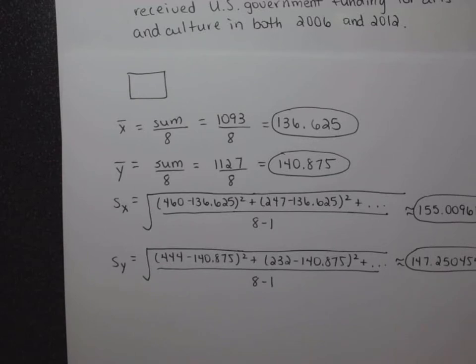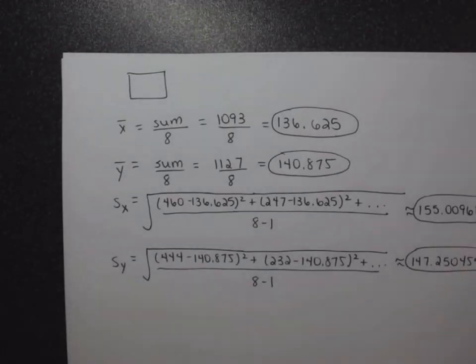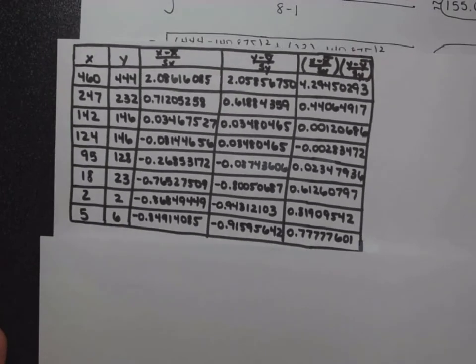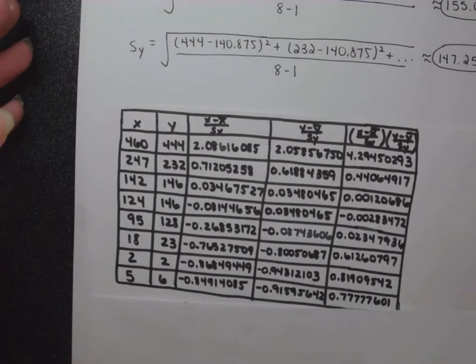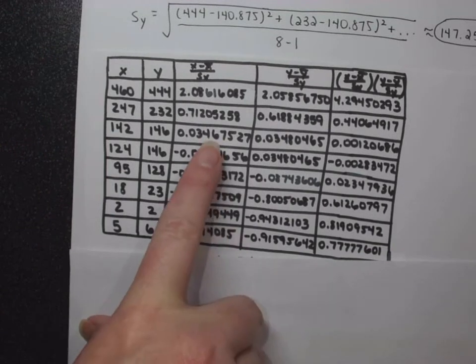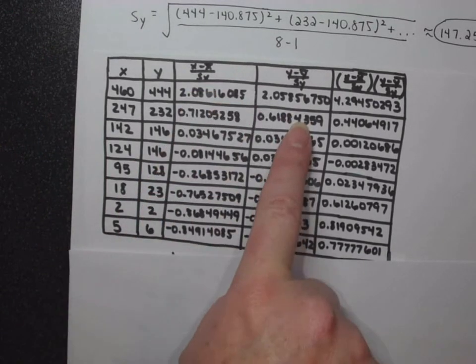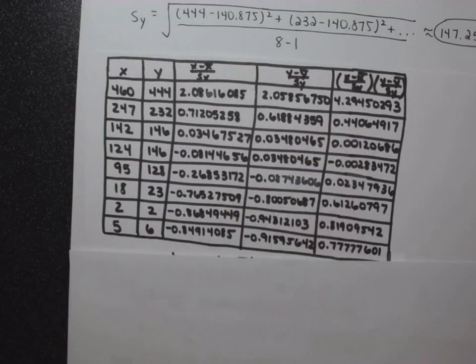All right, so here's the part where, yes, it's tedious, but yes, we do need to do it. So we have to find r, and remember r needs this full table. So we need the x's, the y's, we need the x minus the averages of the x's over the standard deviations, and we need the same for the y's, and then we need to multiply them together.